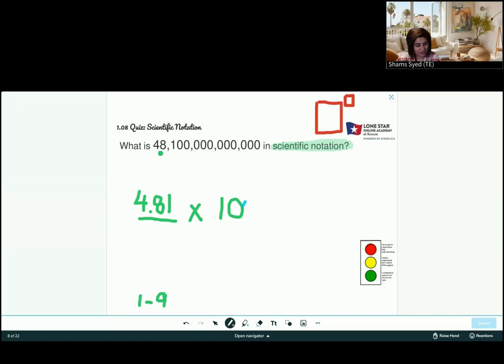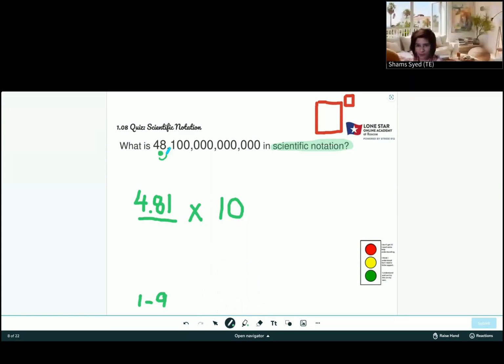You are saying the exponent is 14 or 13. Let's count.